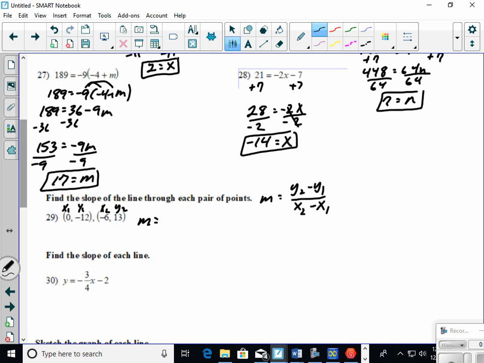So y2 minus y1 is going to be 13 minus negative 12, and then that's going to be over x2 minus x1. It's going to be negative 6 for x2 minus 0.